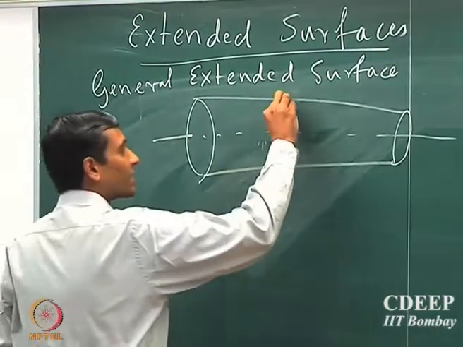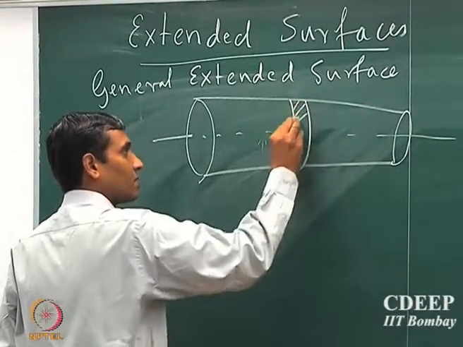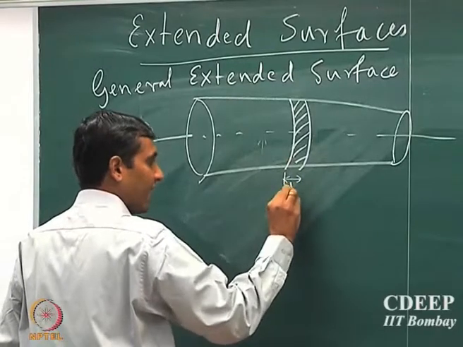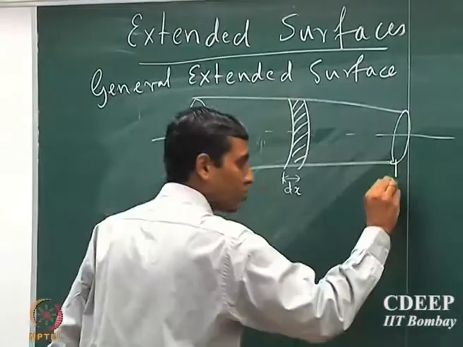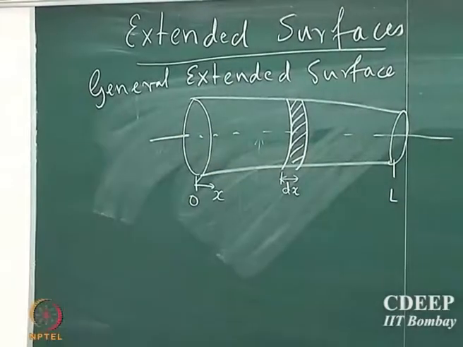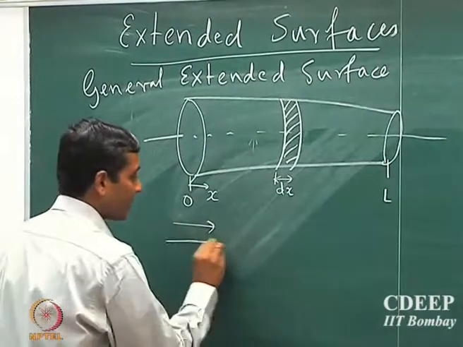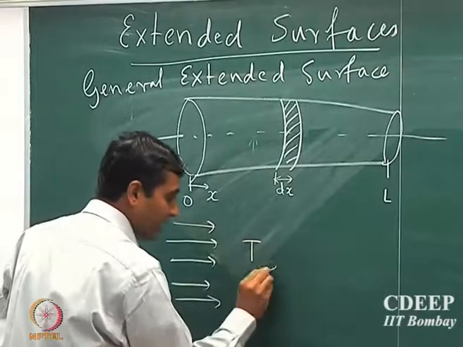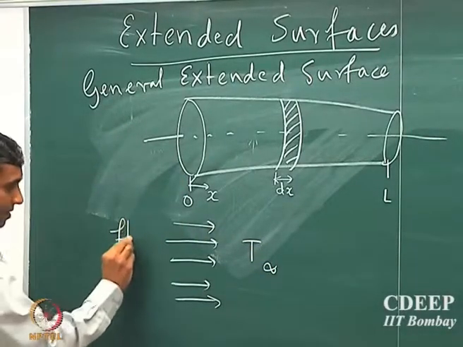So let's say we take a small element. This is dx, and let this be the x direction, going to L, and let us assume that there is fluid which is flowing past this object everywhere at temperature T infinity.